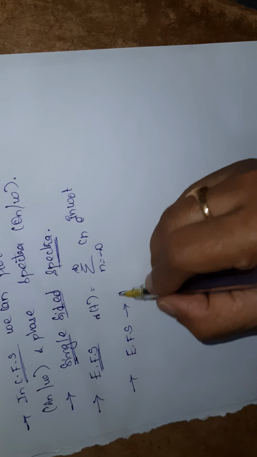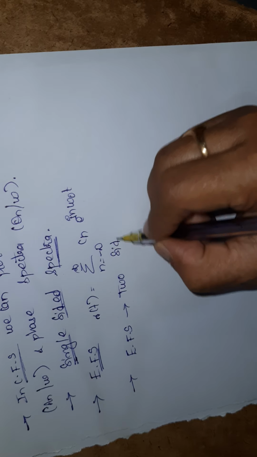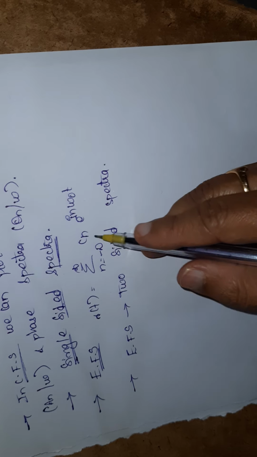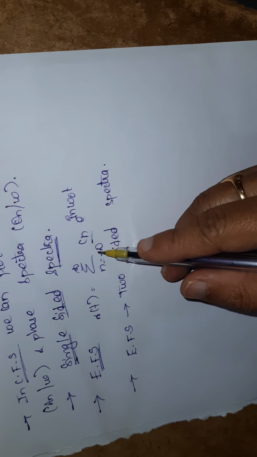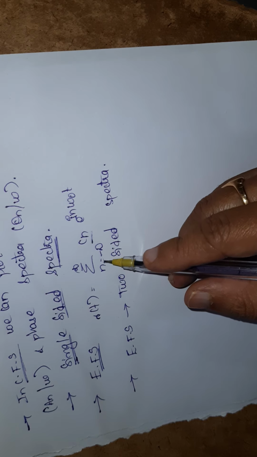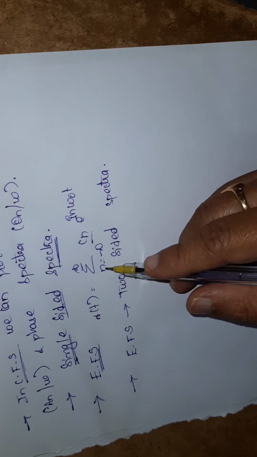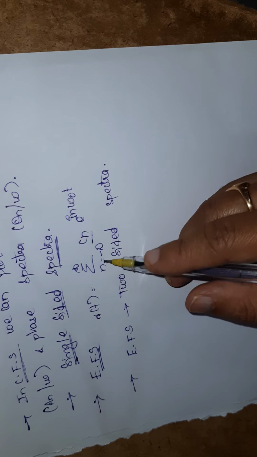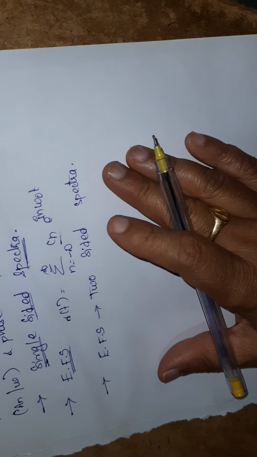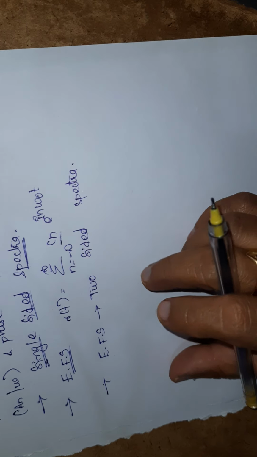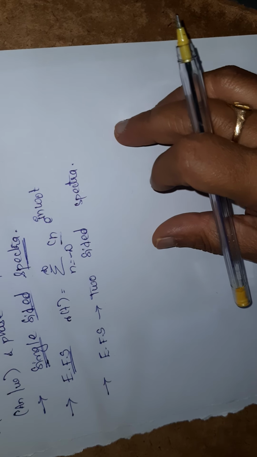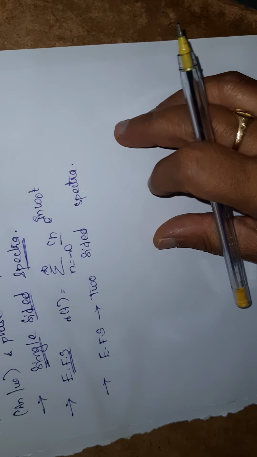EFS is two-sided spectra because Cn is a complex exponential coefficient. So here we have seen the basic difference between trigonometric Fourier series, cosine form of Fourier series, and exponential form of Fourier series.